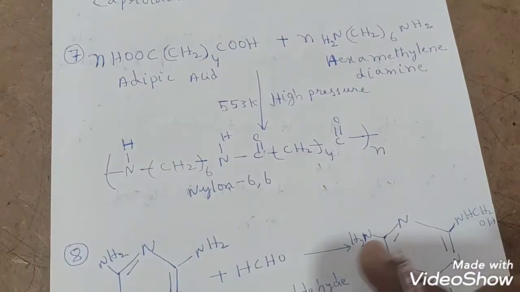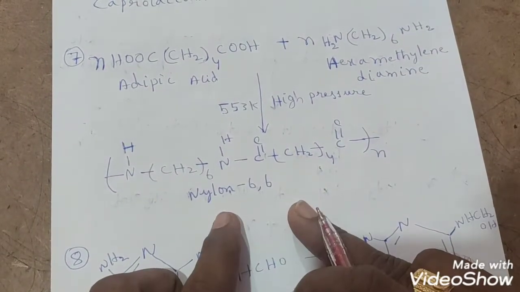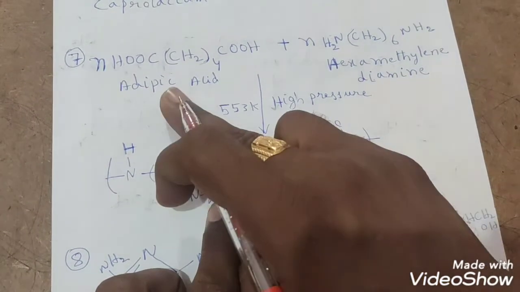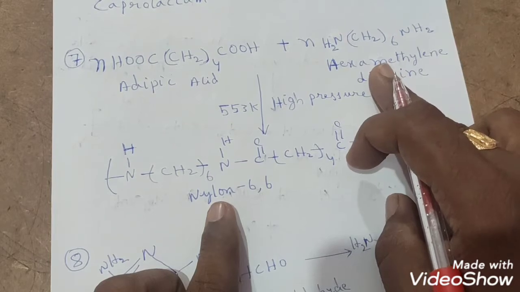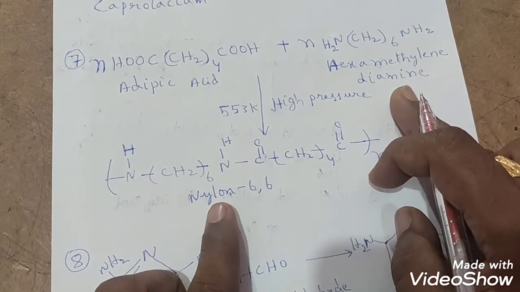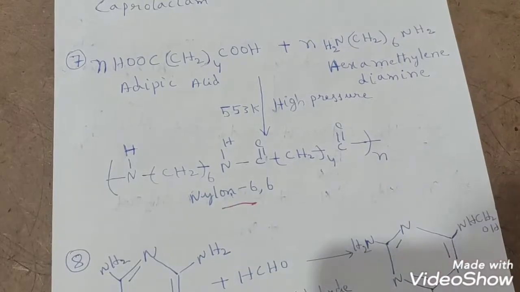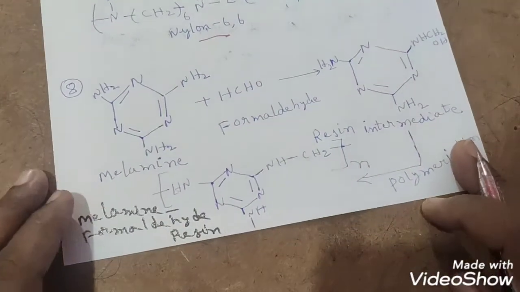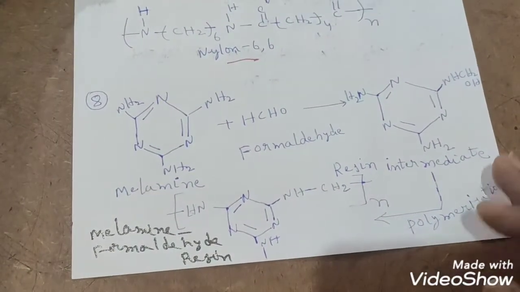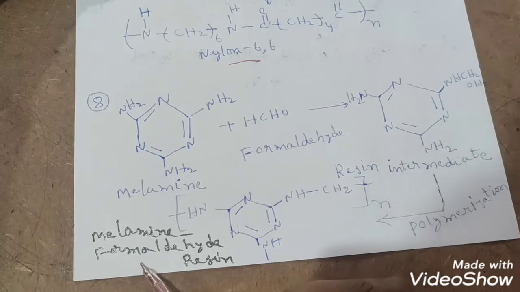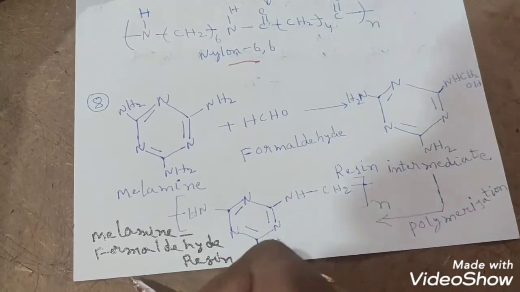And next one is nylon 6,6. It came from adipic acid and hexamethylene diamine. This is nylon 6,6. And next one is melamine formaldehyde resin.